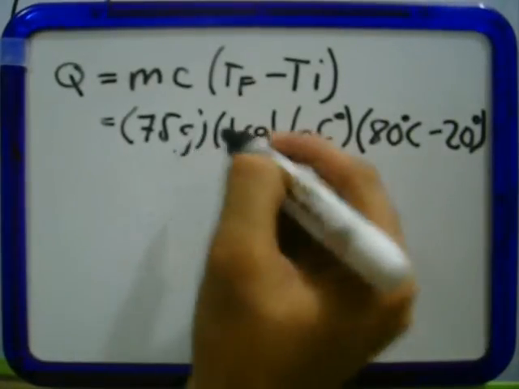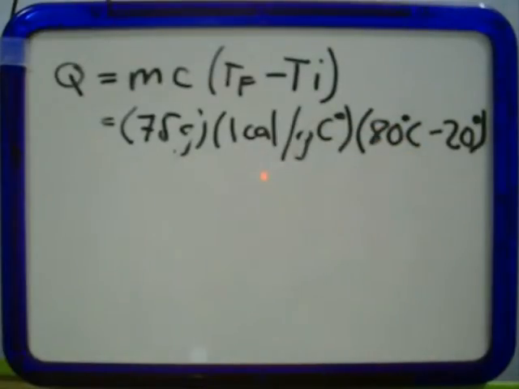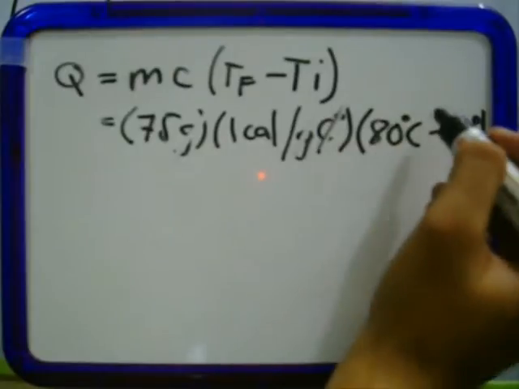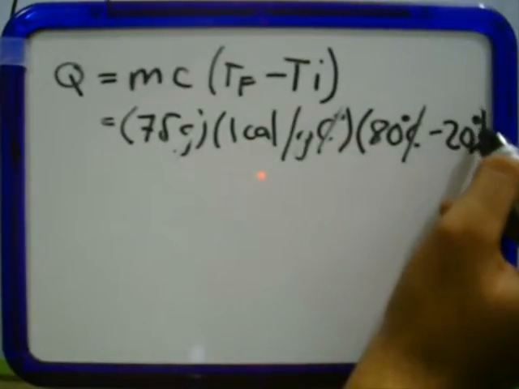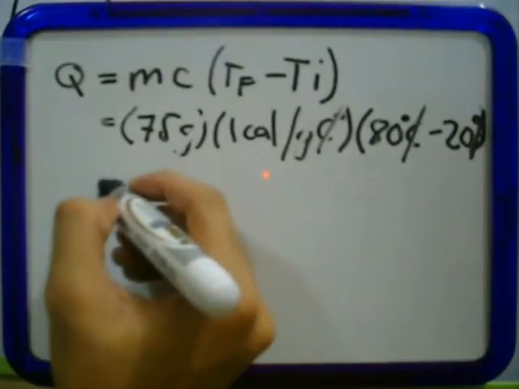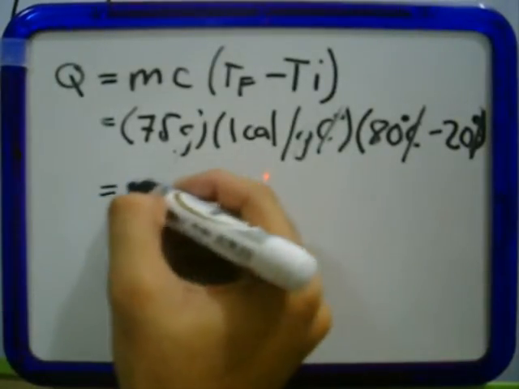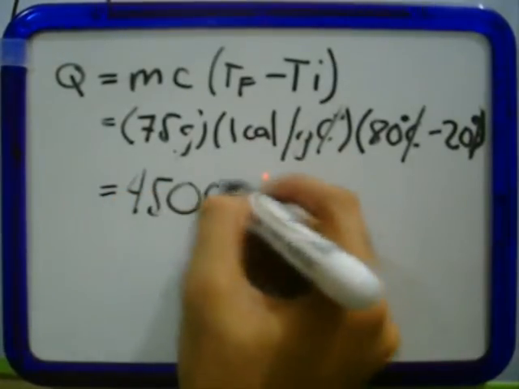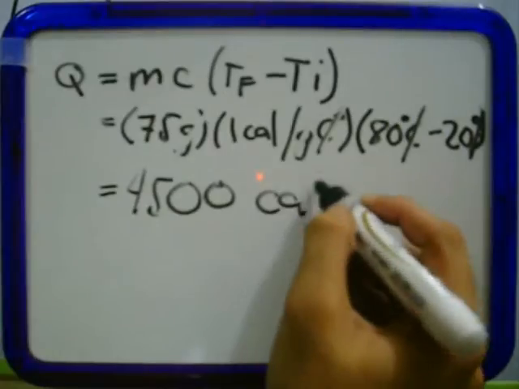Canceling out the gram and degrees Celsius, will be 4,500 calories.